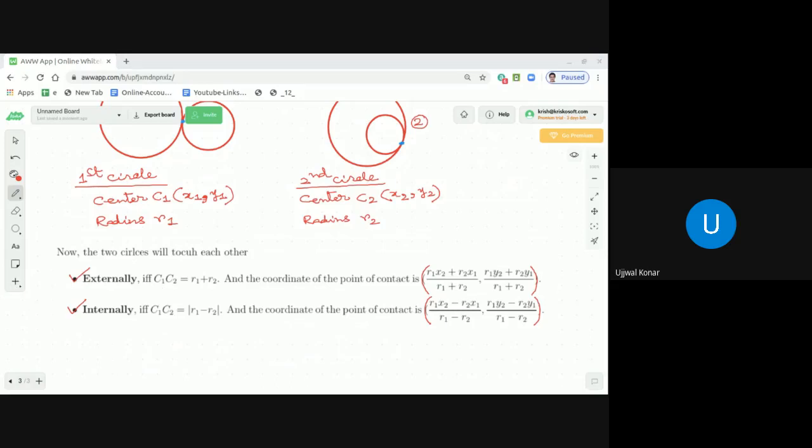I hope it is clear to you. So that is about the external and internal contacts of two circles. Correct, dear students. Now the next point we are going to discuss is the family of circles. Just let me bring up this particular point.